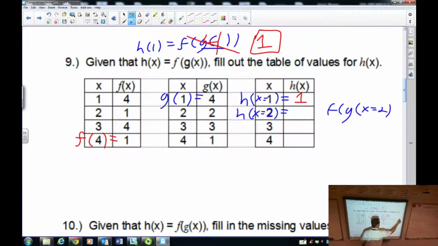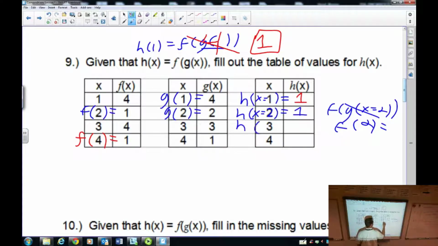Okay, so then we got to do g of 2. So g of 2, here it is just equal to 2. So then that becomes a 2, so now we're going to find f of 2. And f of 2 is going to equal our answer. So f of 2, here it is. F of 2 is just equal to 1. Nice, another 1. That's crazy, right?